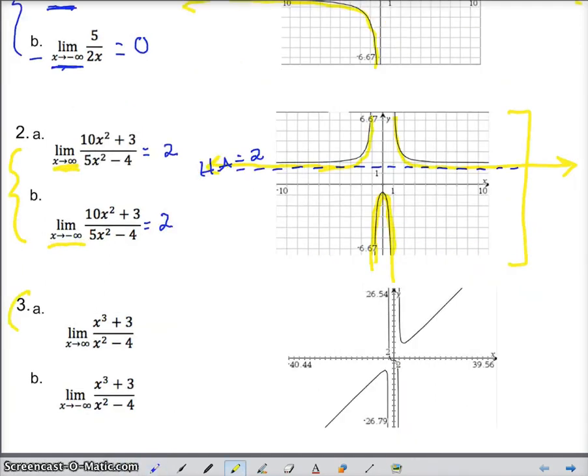Let's look at 3a and 3b. Again, we have rational functions. One's approaching positive infinity, the other is approaching negative infinity. So in 3a, if I want to find where x approaches positive infinity, I could start on the left, but x really never gets closer to positive infinity than an x coordinate of -1.